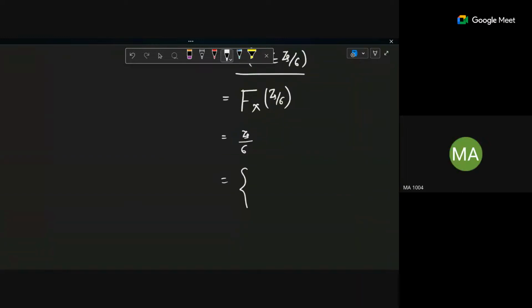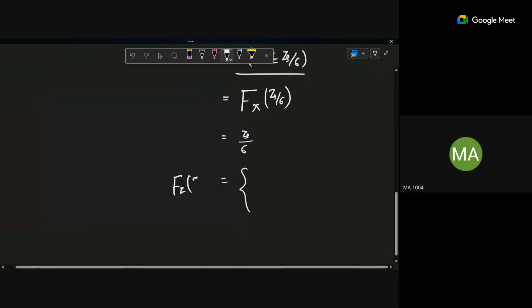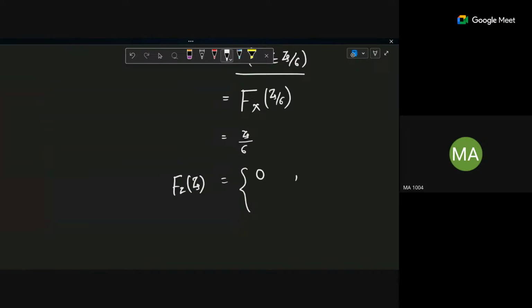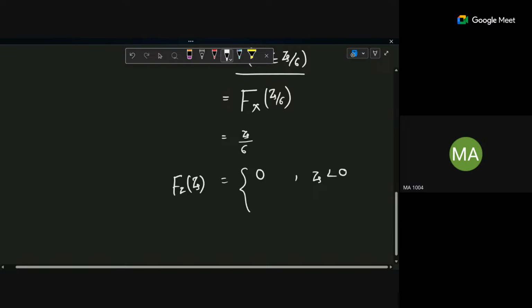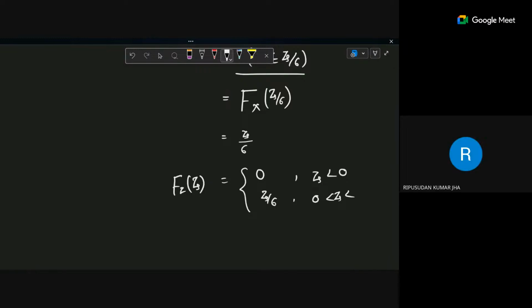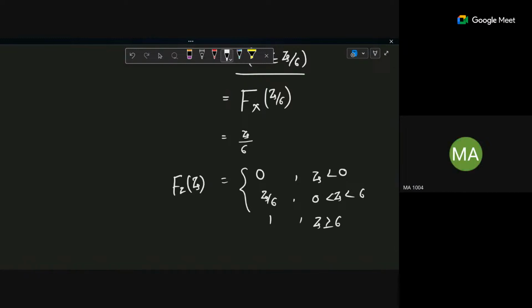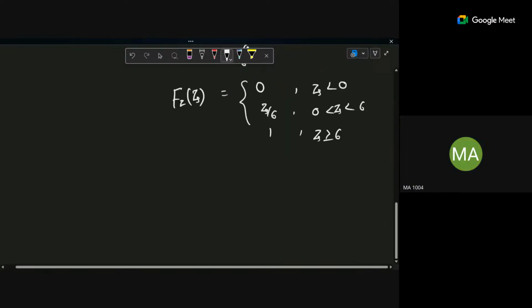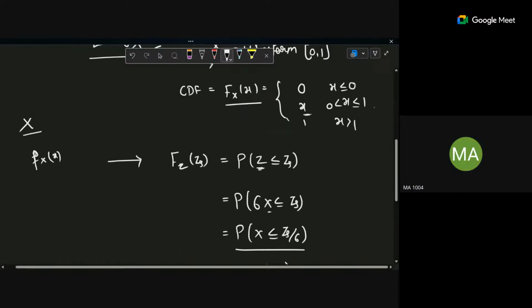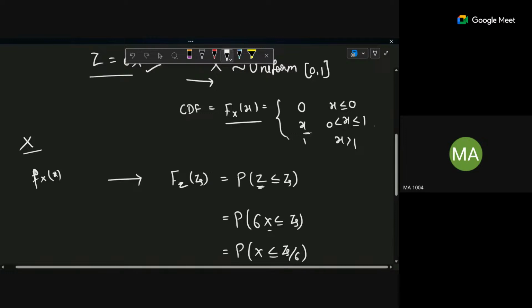So Fz of z is 0 whenever z is strictly less than 0, z by 6 whenever z lies between 0 and 6, and 1 when z is greater than or equal to 6.